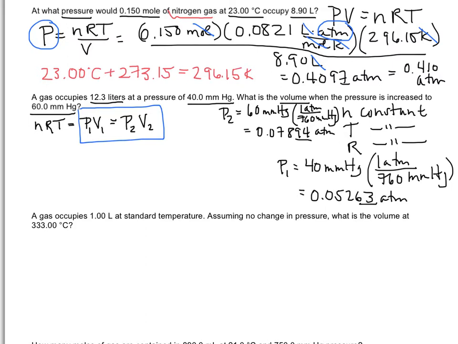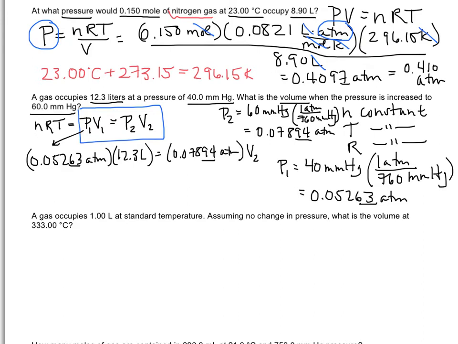So P1, 0.05263 atmospheres, times the starting volume, which is 12.3 liters, has to be equal to the ending pressure, 0.07894 atmospheres, times V2.